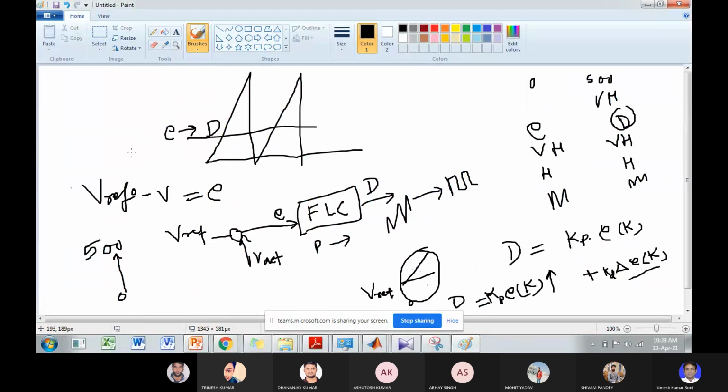So whenever we change the required reference voltage, we need to change the duty cycle fast. Faster change in the reference voltage requires faster change in the duty cycle. So this term tracks the fast change in the input reference voltage.